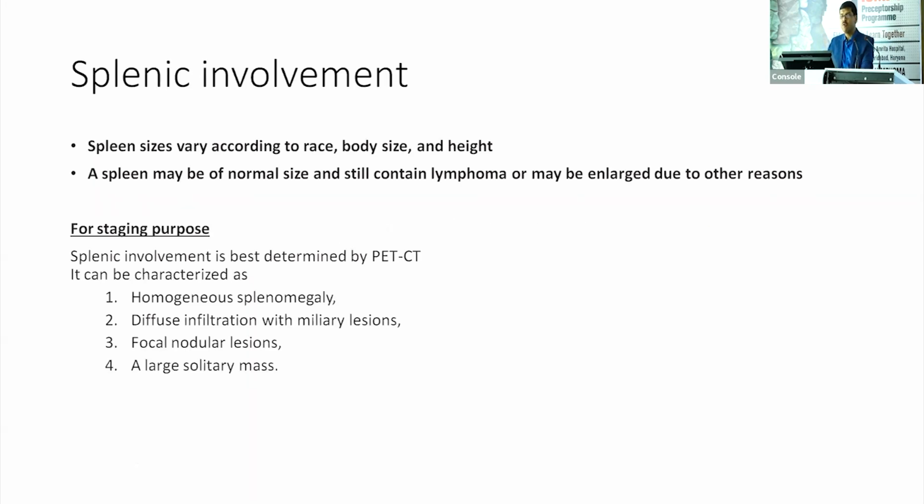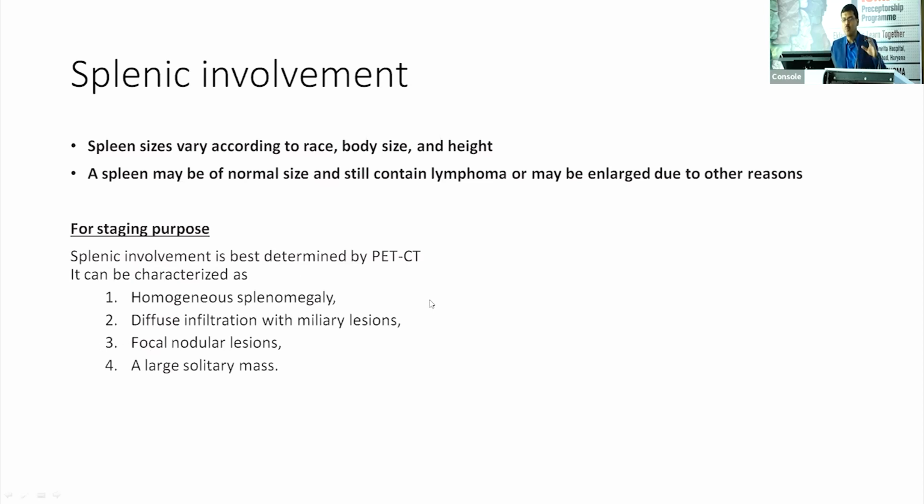So splenic involvement, how to identify the same. Spleen size is highly variable according to a patient's height, race, body size and habitus. So if we just take one cutoff that 10 centimeter is a big spleen, it is incorrect. At my height, 10 centimeter may be a normal spleen altogether. So for splenic involvement on PET-CT, most of us use 4 patterns.